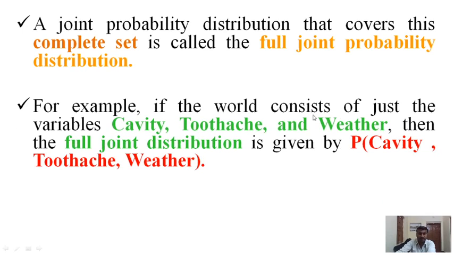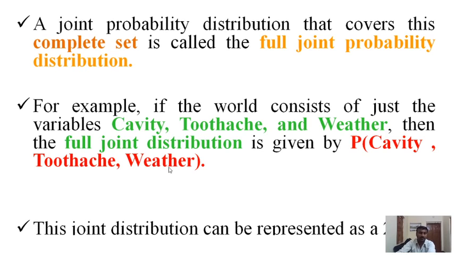For example, if the world consists of just the variables cavity, toothache and weather, then the full joint probability distribution is given by probability of cavity, toothache, weather.